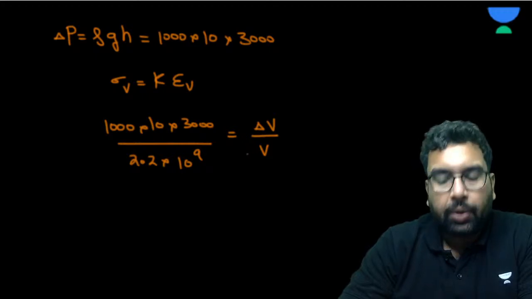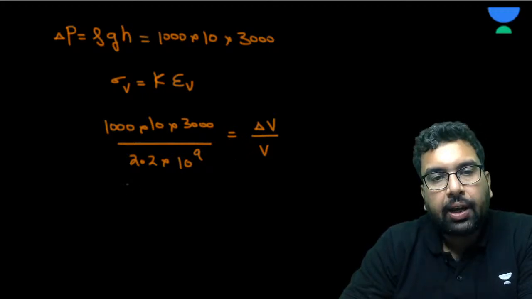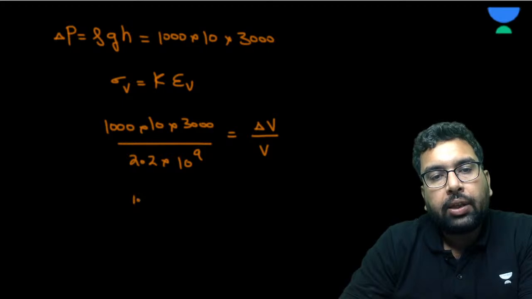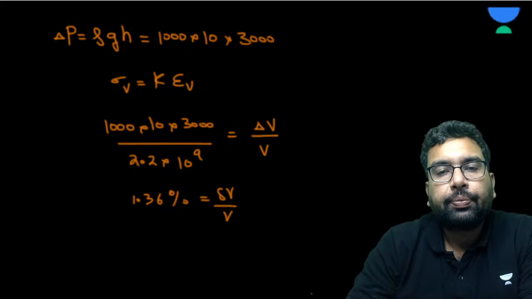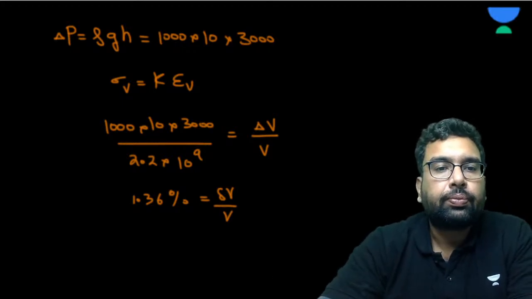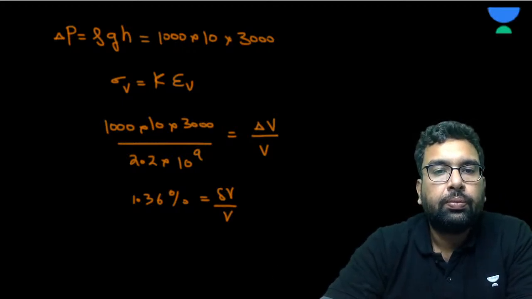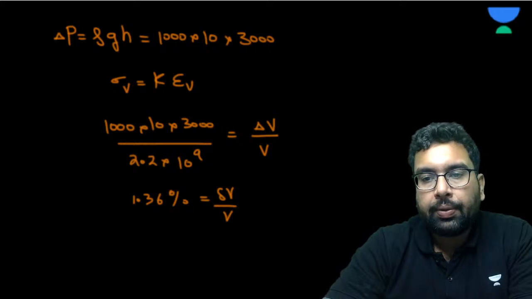When we solve it, we get 1.36%. Is it fine, beta? Please give me a yes or no.